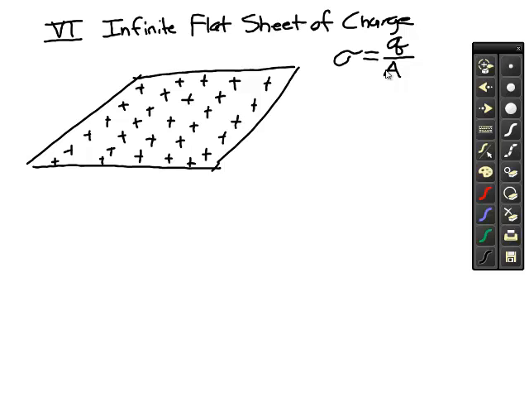Okay, so this sheet actually goes on forever and ever in all directions, and I would like to know what is the E field like above it at some point. So at this point right there, what is E?